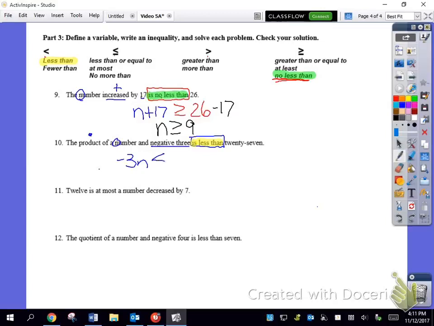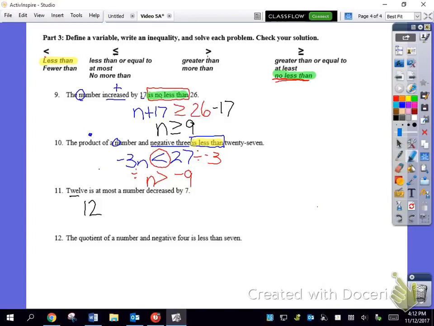So it's less than, I do not have a line, 27. So the opposite, remember this is multiplication, so the opposite of multiplying is to divide. So I'm going to divide by -3. Now when I divide by negative, I have to flip that symbol. So I have to flip it the other way. So n is greater than -9.